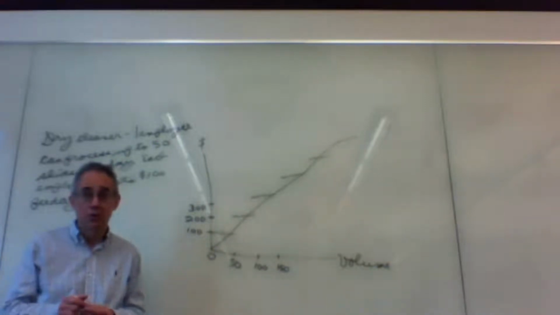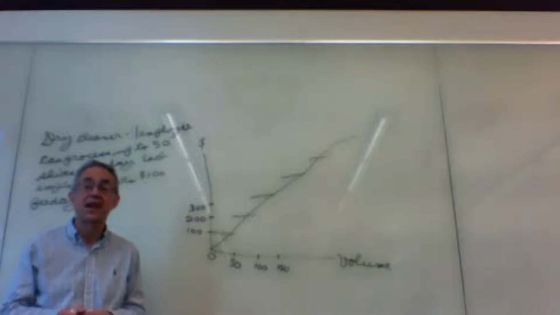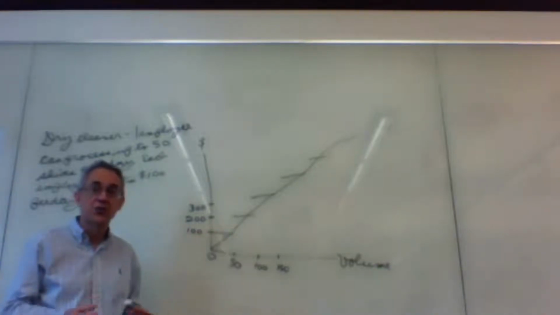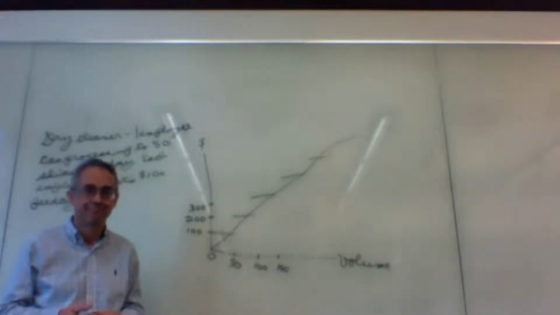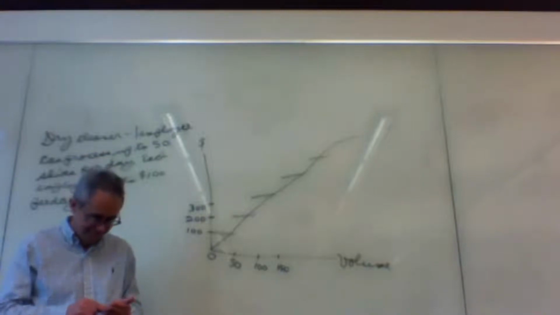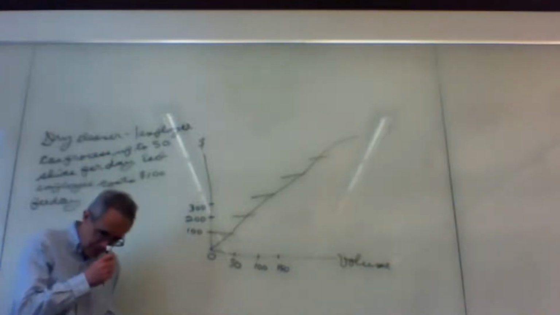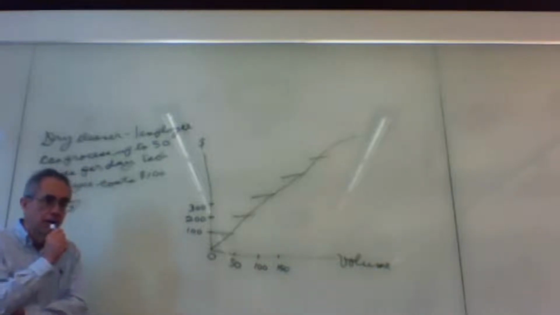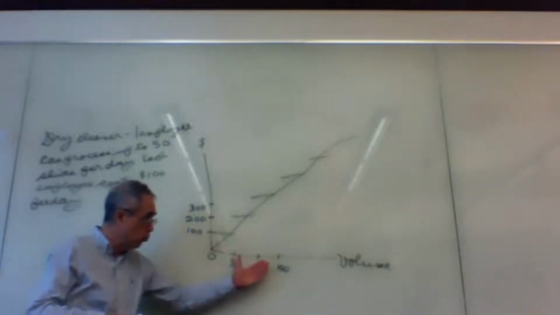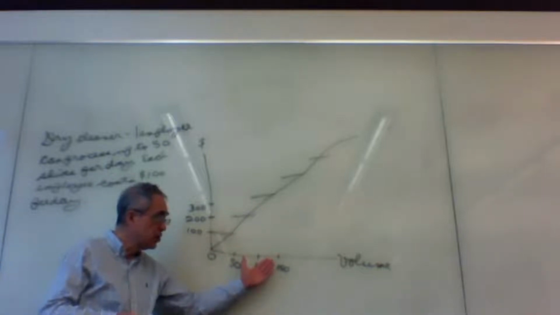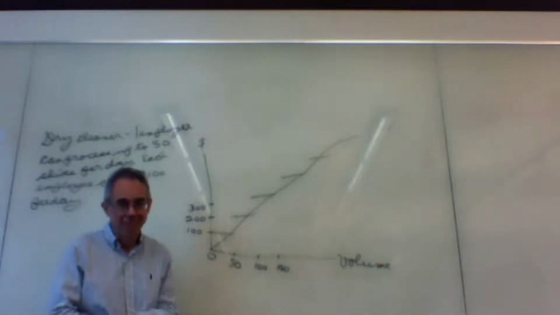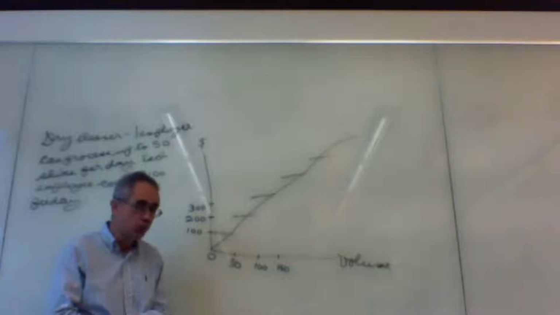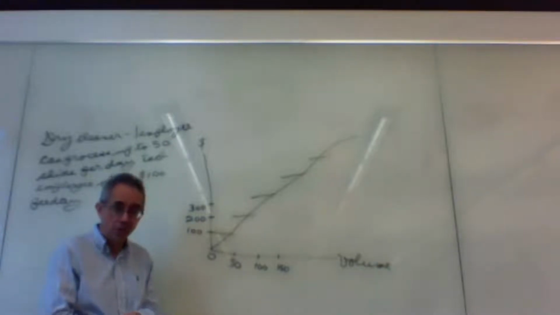But if you want to be technical about it and compute a more exact cost, you need to know which stair step you're on. So you define the relevant range very narrowly here, such as 101 shirts per day to 150 shirts per day. If you do, you will know that you need 3 employees at a cost of $300 in total.